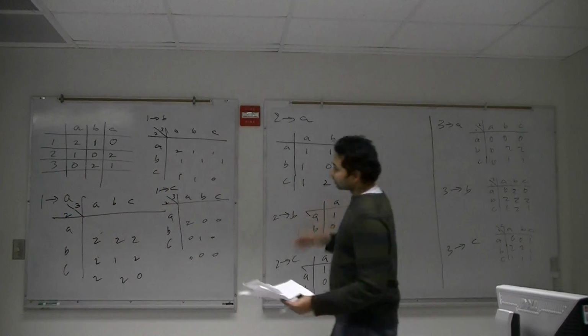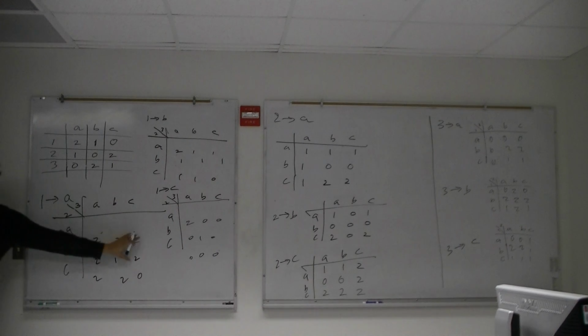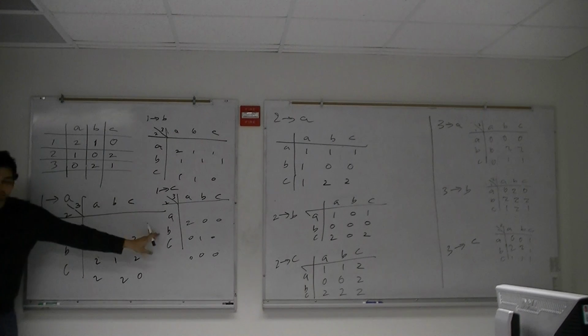So let's say I claim that player 1 would choose A over B and C. Can you understand why? Player 1 would always choose A over B and C, because I also claim it's a dominating strategy compared to B and C. For any value of this particular thing, it's larger than any of these two.